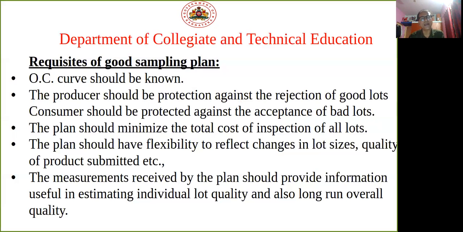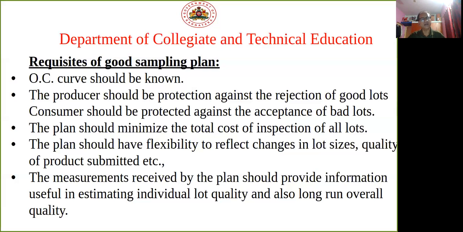Whenever we design a single sampling plan, or any sampling plan, it should protect both the producer as well as the consumer. So both the parties should be protected here. If that is done, then we can say that it is one of the characteristics of a good sampling plan.